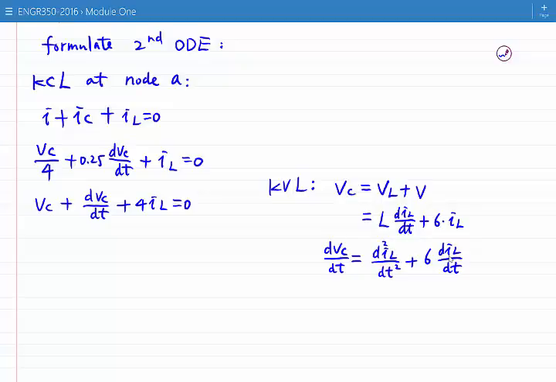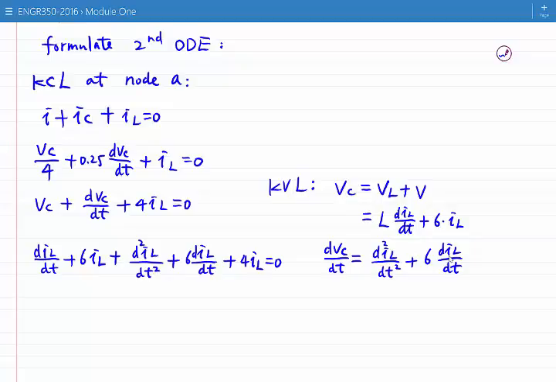L is 1 Henry, so it is dIL over dt plus 6 times IL, plus dVC over dt, which is the second derivative of IL with respect to t plus 6 dIL over dt, plus 4IL is 0.